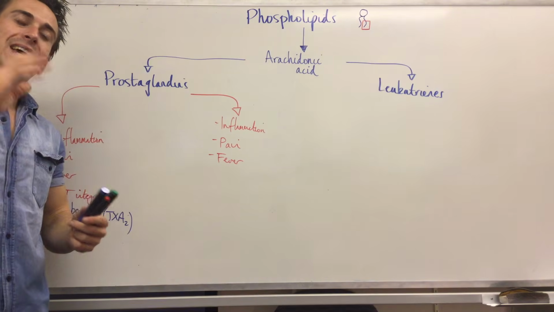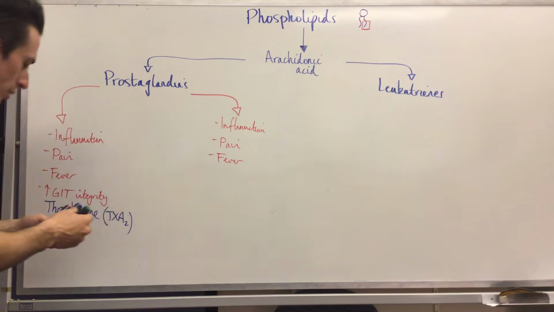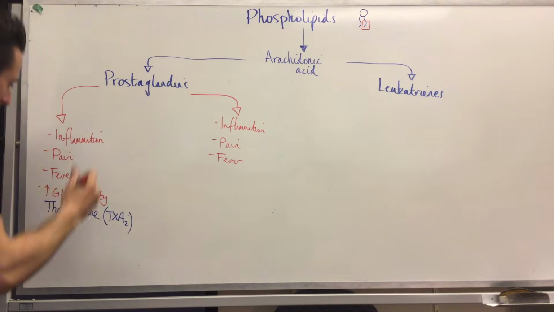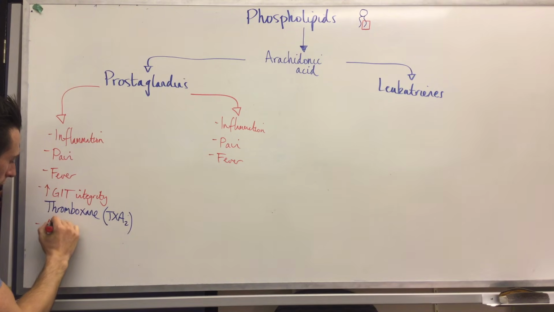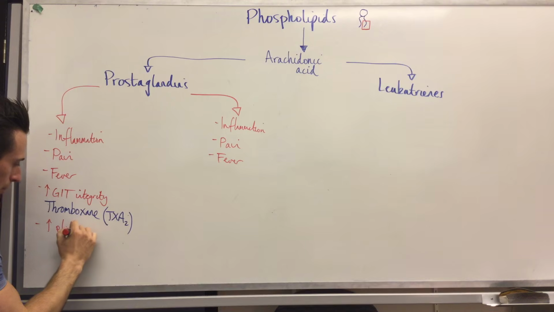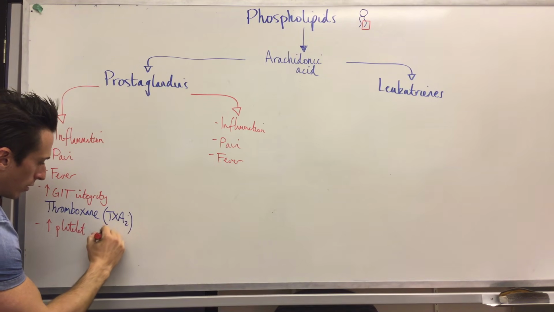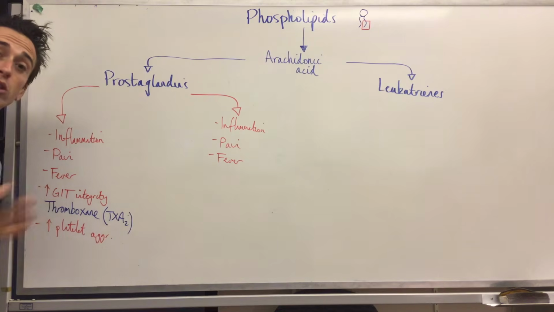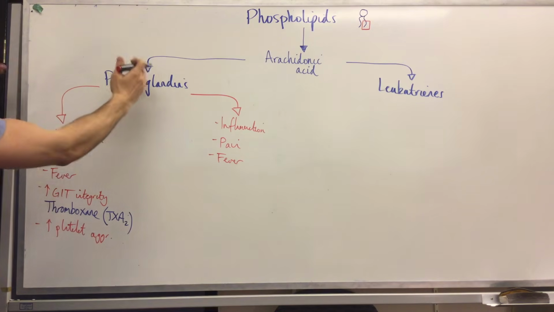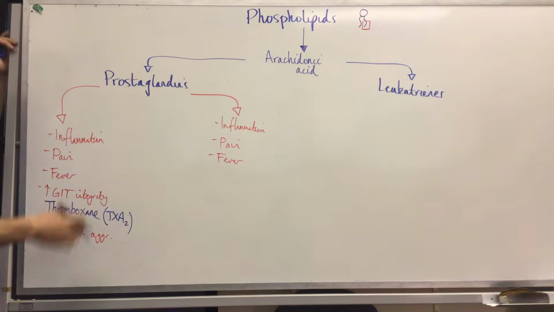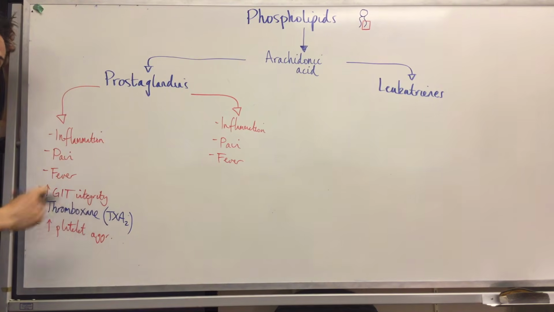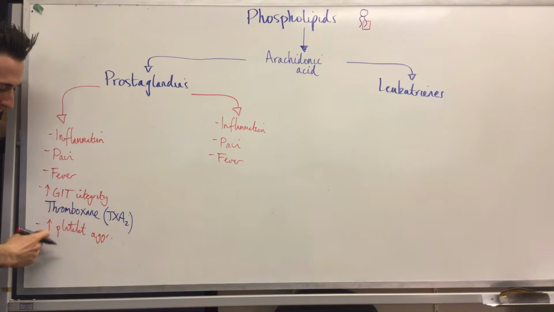In actual fact, thromboxane promotes platelet aggregation, which means it promotes clotting. Okay? So the prostaglandins on this side are involved in inflammation, pain and fever, maintaining stomach integrity, and increasing the clotting pathway, so increasing platelet aggregation.